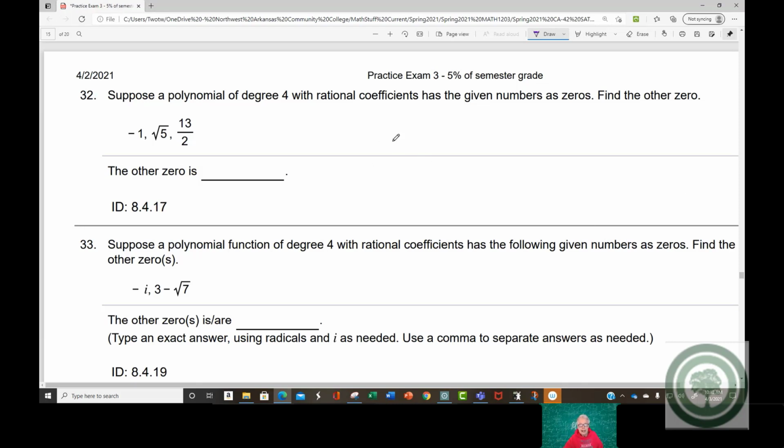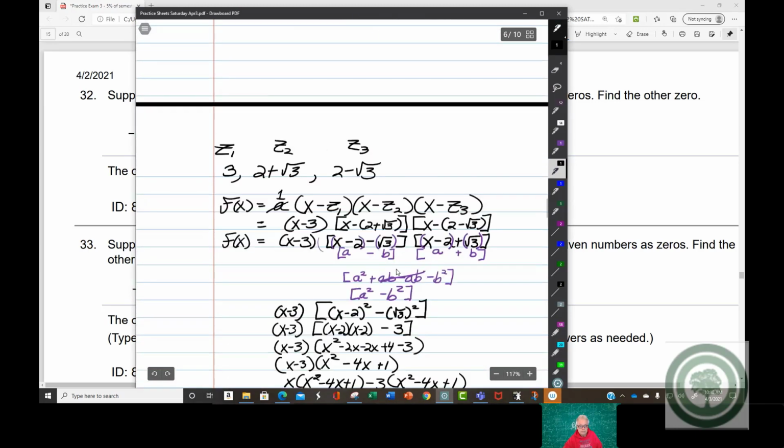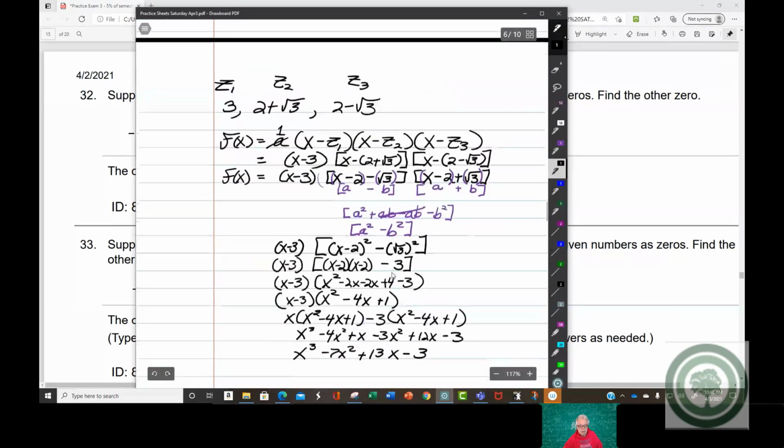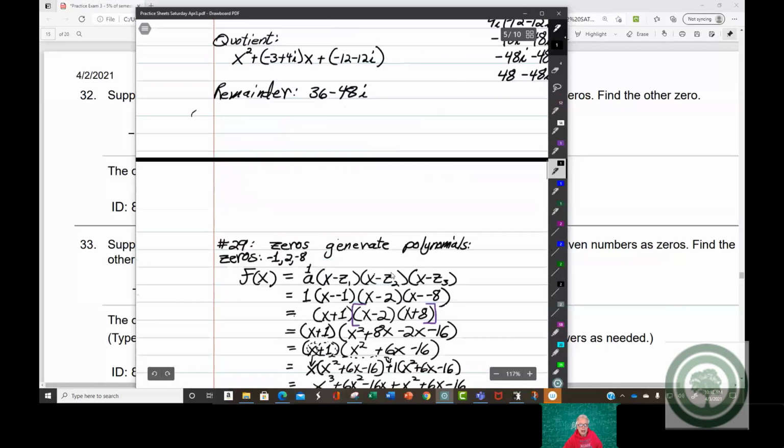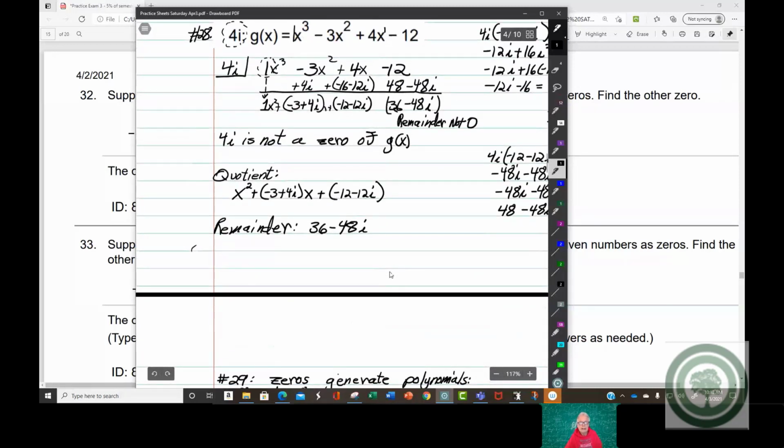What we're looking at here is, now remember I showed you what it looked like to have complex conjugate, unreal coefficients. It looks like this. Not a pretty sight.